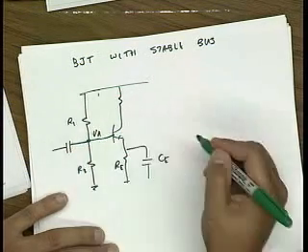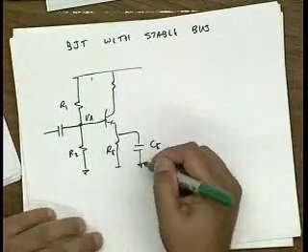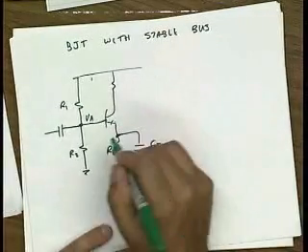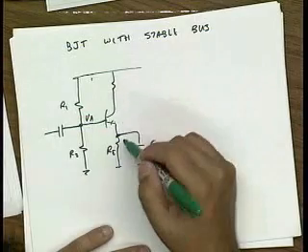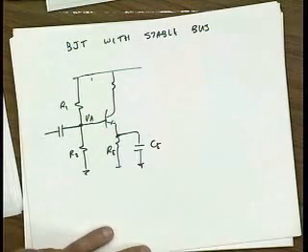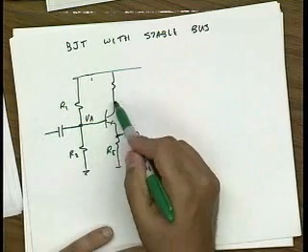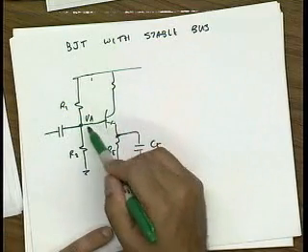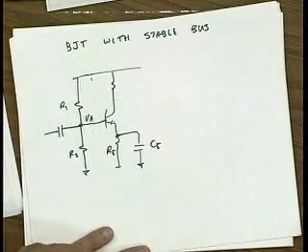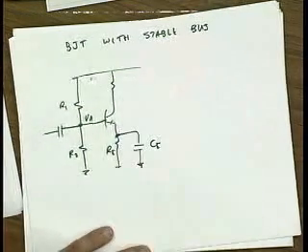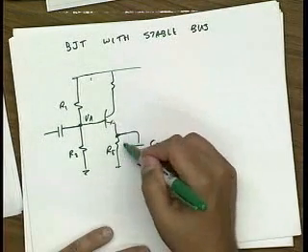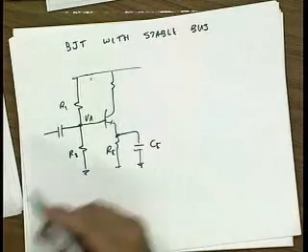This is VA. As you know, you can't just put the emitter to ground. You would get a very bad biasing circuit, because the collector current is very sensitive to VA, and any temperature or process variation would change the current. On the other hand, if I use a resistor on the emitter, that stabilizes the bias.